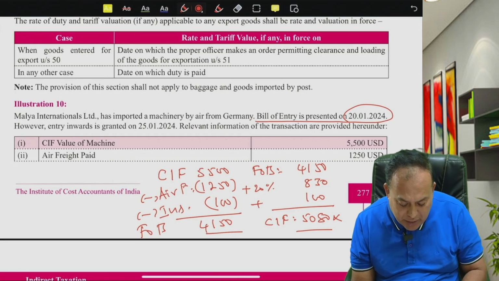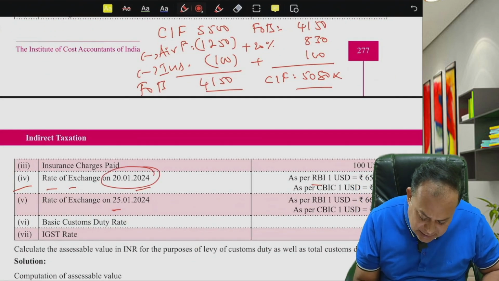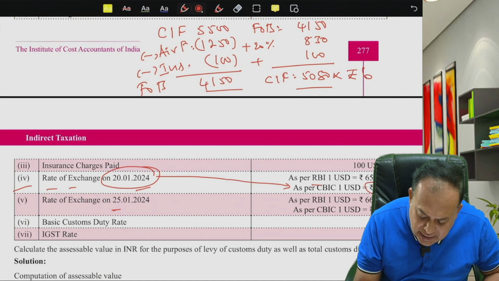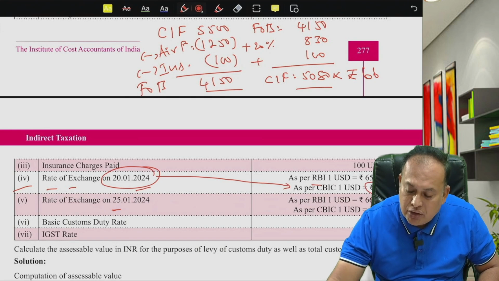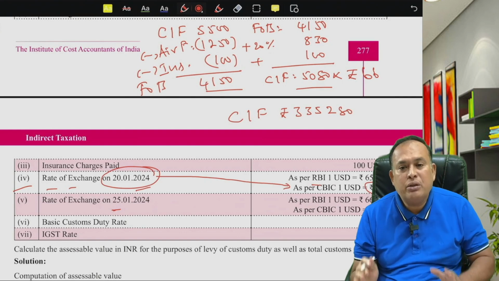So what is the rate on 20th January? The exchange rate of the CBIC on 20th January is 66 rupees. That is relevant. So 5,080 into 66 rupees per dollar. Now we get the CIF value in Indian rupees, which is 3,35,280. So this is the value.